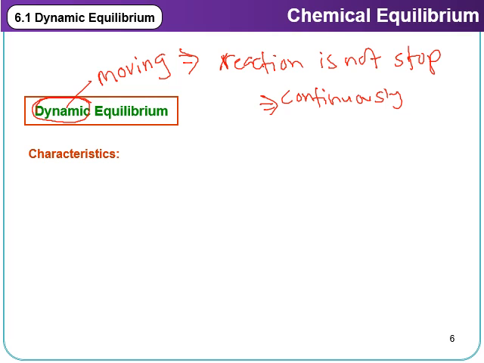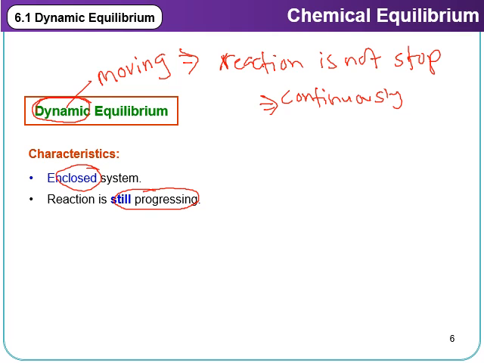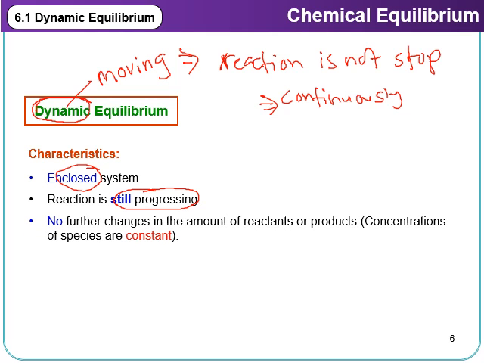Now we look at the characteristics. First, a closed system. The reaction is still progressing, but the concentrations remain constant, like the three graphs that we showed above.